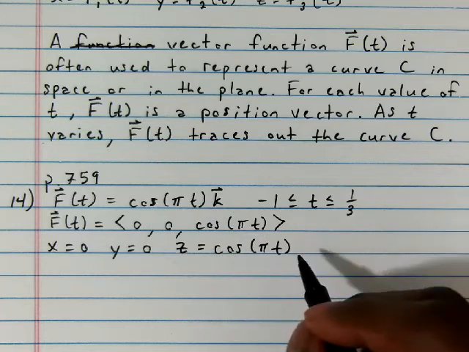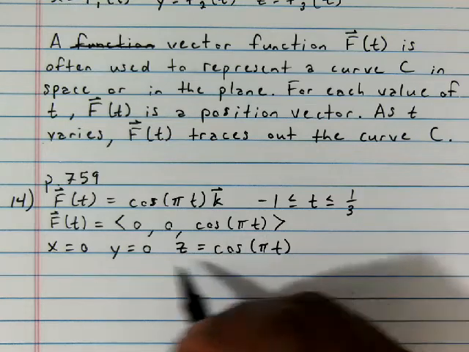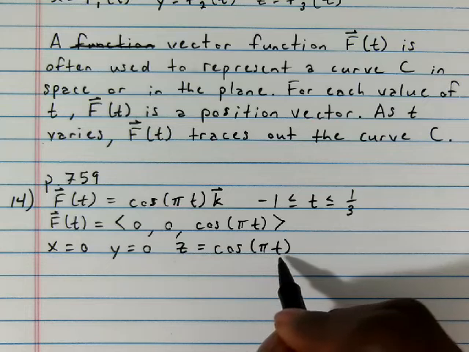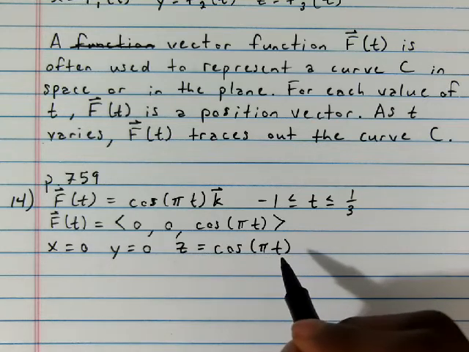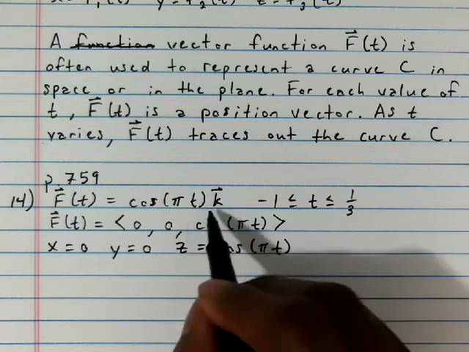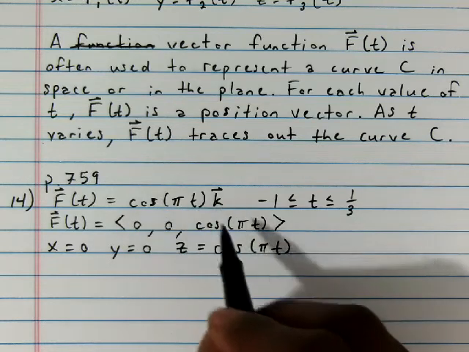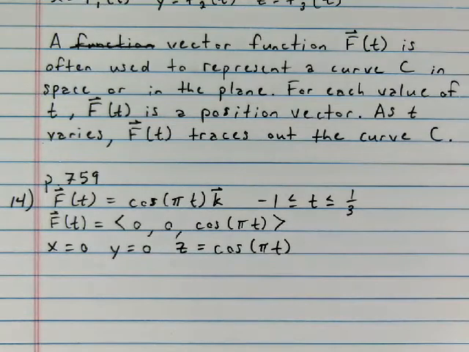Now, in looking at this, I know it's going to remain on the z-axis. If it's stuck on the z-axis, it has to be a line in some shape, form, or fashion, or a line segment or something of that nature, which may not be readily apparent here. That's what I said, that I'm more concerned about your ability to identify versus your ability to sketch.